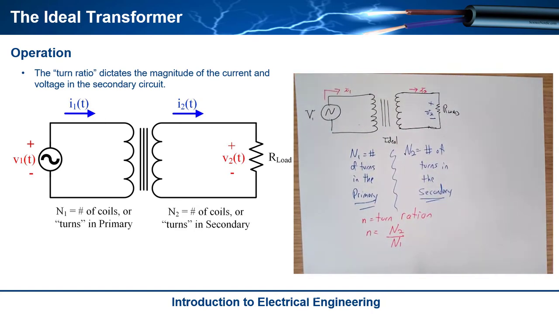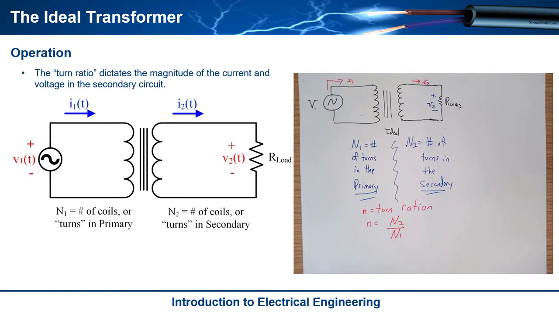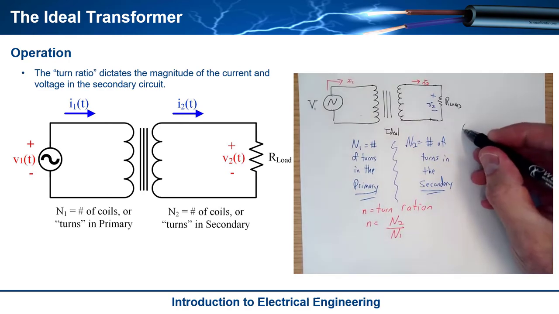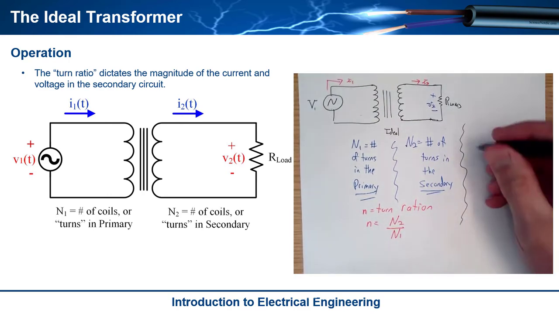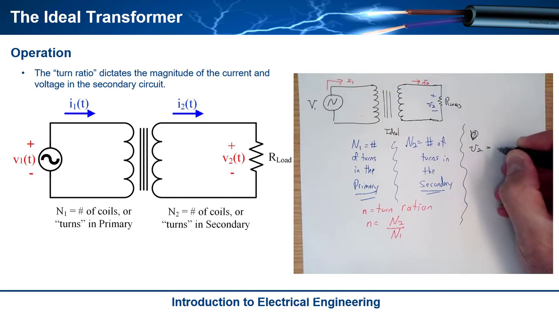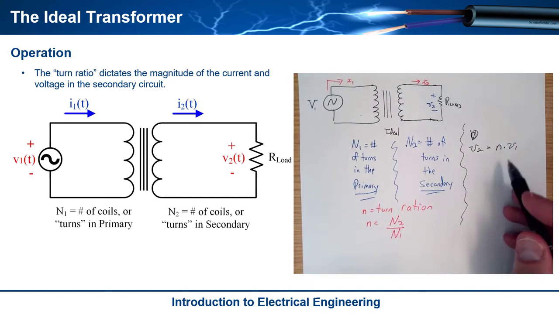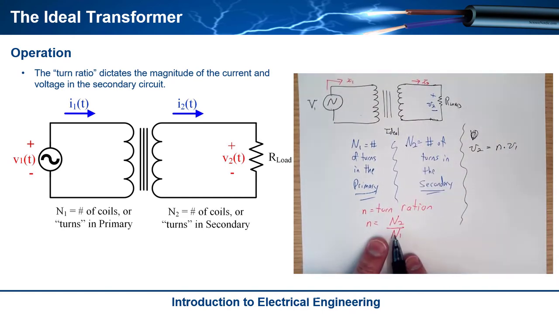And here is where it really gets neat. You can actually write out the current and the voltage that you will see on the load side using these equations. So you can say that V2 is going to be equal to n multiplied by V1. So the voltage that you see over here is actually multiplied by the turn ratio.